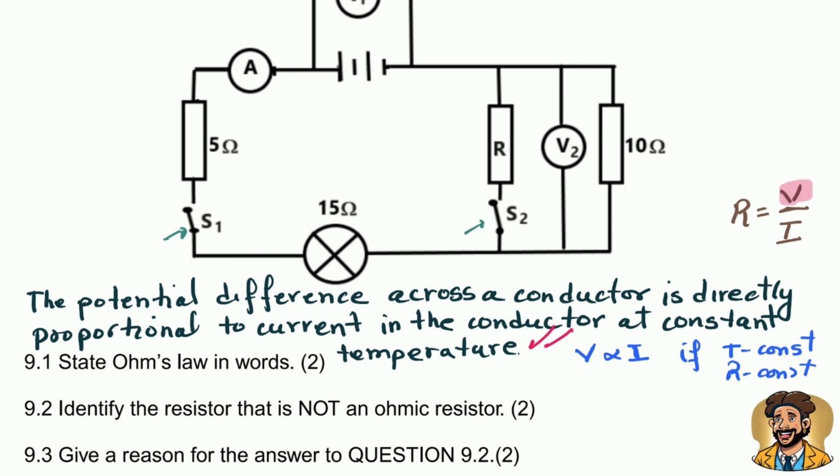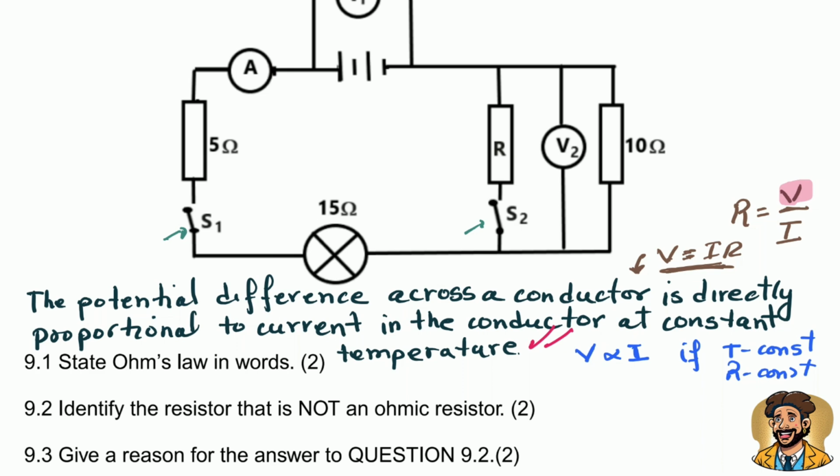If you rearrange that formula, you will get V equals IR. And from here, if you read carefully, you can say that potential difference is directly proportional to the current if the temperature is constant and, obviously, for the same resistance. That is Ohm's law, guys. It's 2 marks. You have to learn the law. Nothing to say. Just learn it.